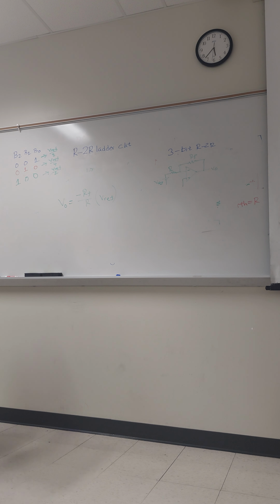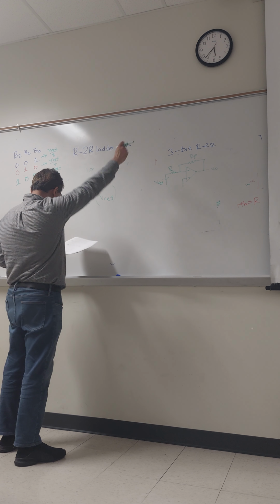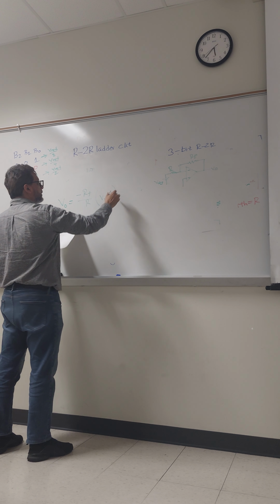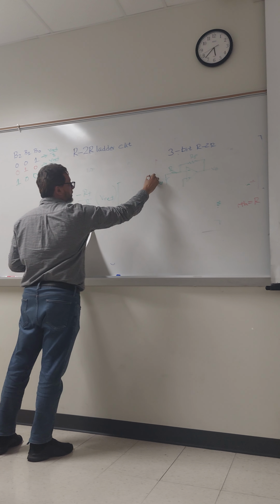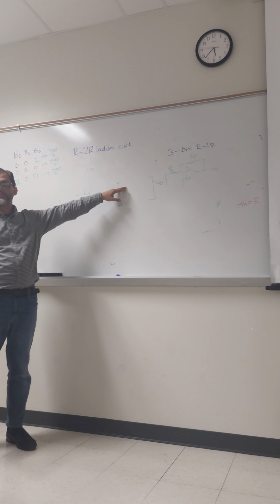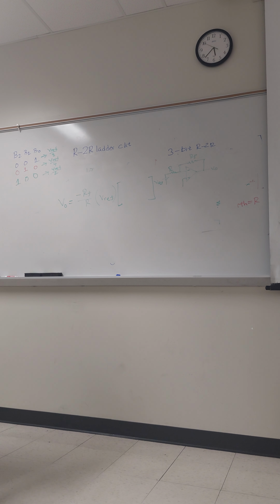Then here, of course, we can write down like this: RF over R times V ref, then all the bits, V0 by 2 to the power n, V1 by 2 to the power n minus 1, something like that.